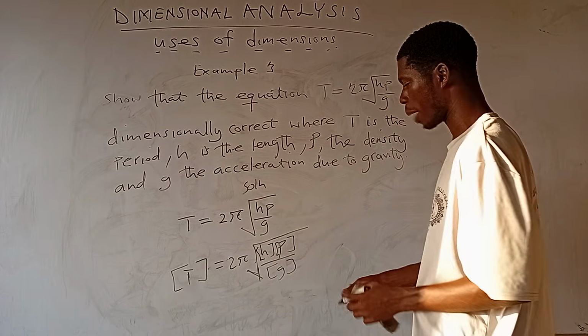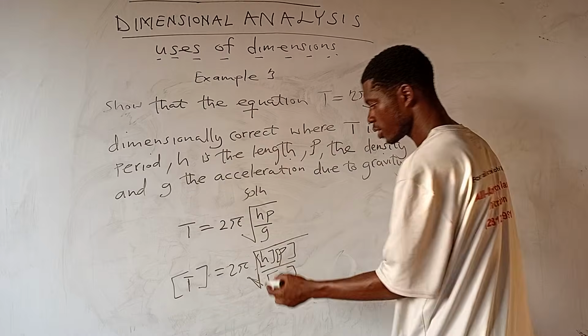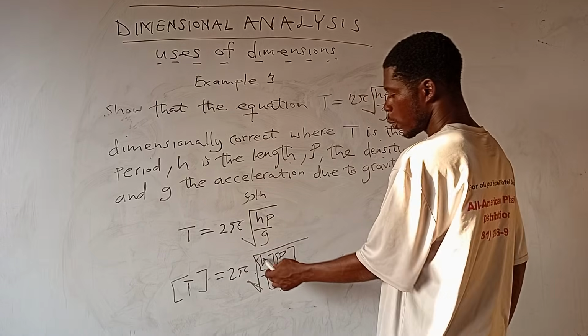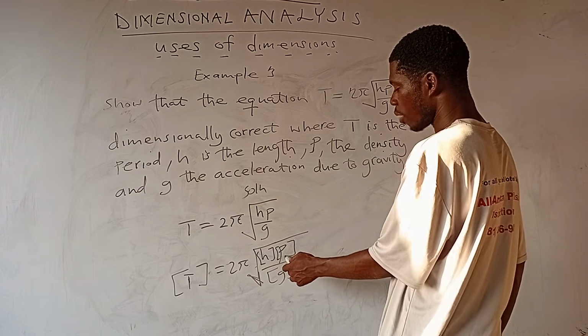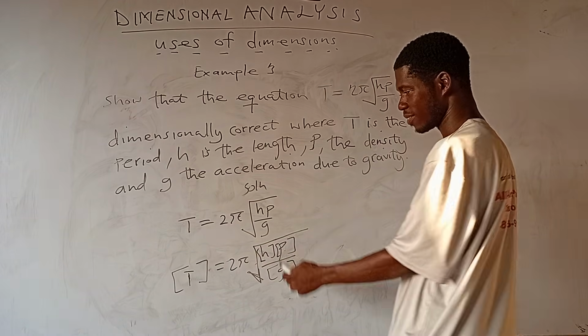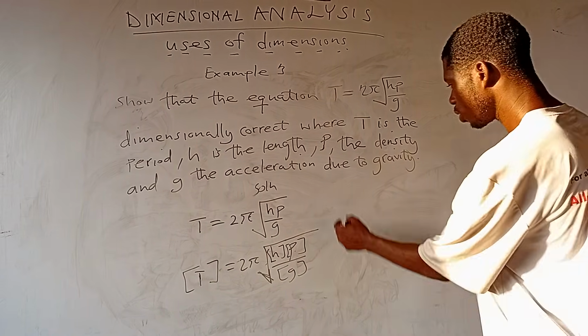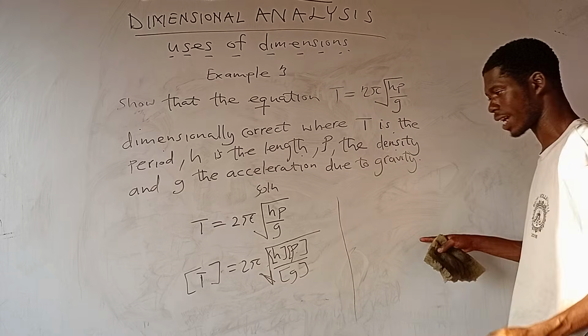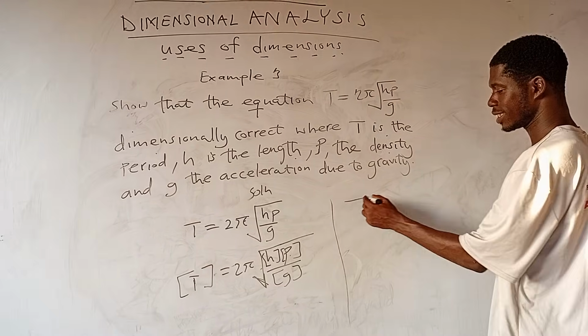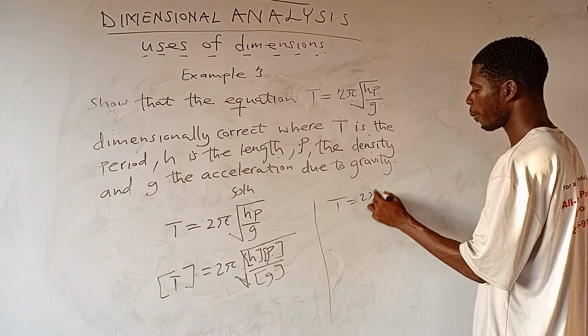So you take the dimension of all the terms: the dimension of T, the dimension of h, which is the length, the dimension of p, which is the density, and the dimension of g. So you get T equal to 2 pi.